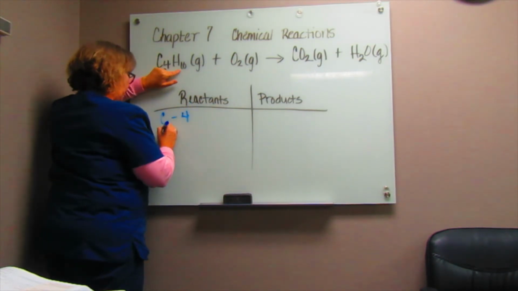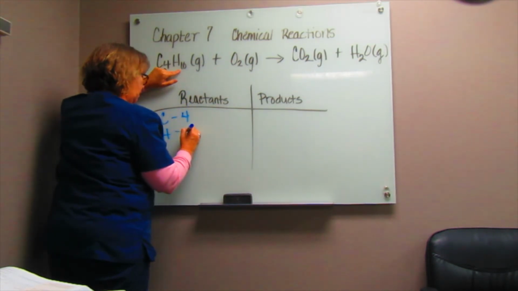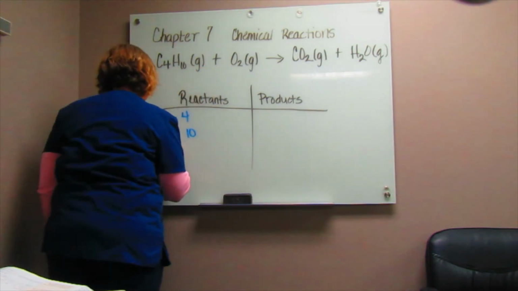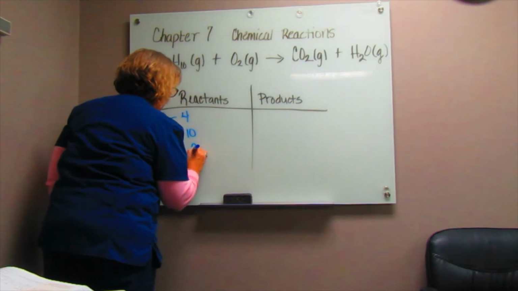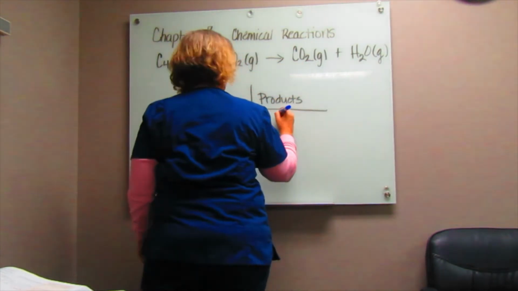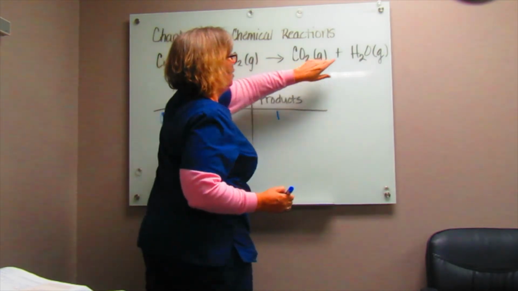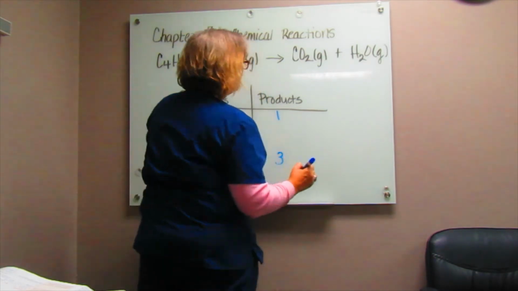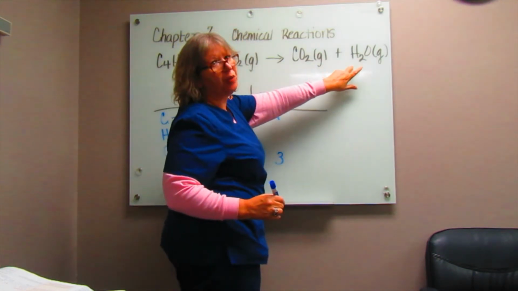We have 10 molecules of hydrogen, and we have 2 molecules of oxygen. Now when we look at our product side, we have 1 carbon, 3 oxygen, and 2 hydrogens.